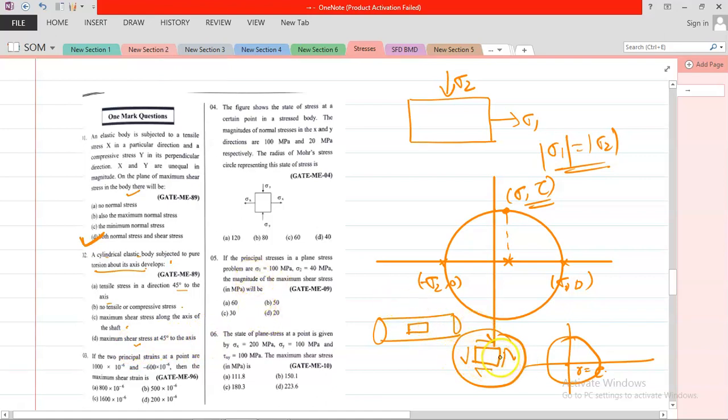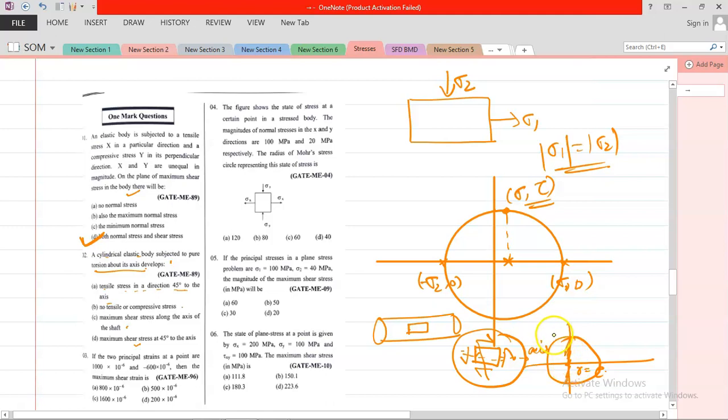So if I am taking this as an axis, so here it is asking, suppose I am drawing something in the direction of the axis, and suppose this is your theta angle. So it is asking, where the first option is tensile stress in a direction 45 degree to the axis.